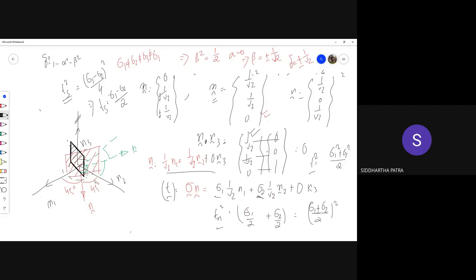Okay, of course the normal component of the traction is along the normal. But the other component, without knowing that, one thing for sure, that would have no component along n3.